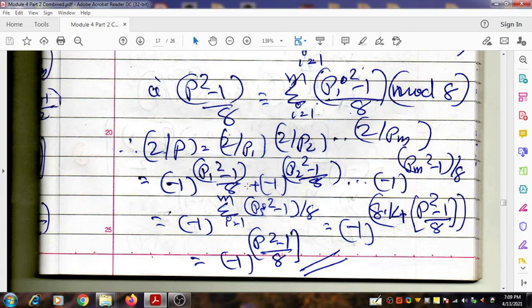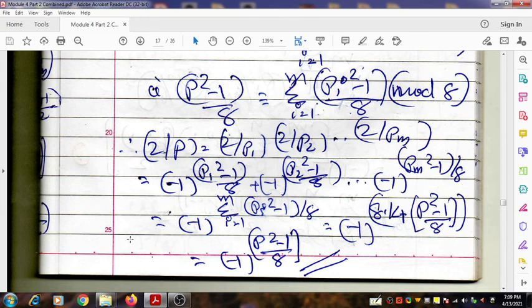Then using that, in each case inside the bracket you can use the corresponding number to replace the quantity, and you can write minus 1 raised to (p_1 squared minus 1) divided by 8, into minus 1 raised to (p_2 squared minus 1) divided by 8, it should be multiplication, not addition, etc. The last one is minus 1 raised to (p_m squared minus 1) divided by 8.